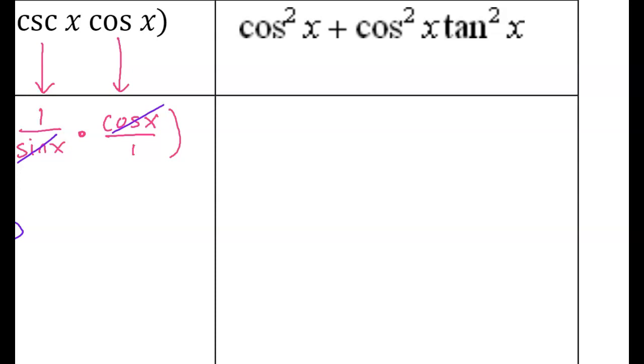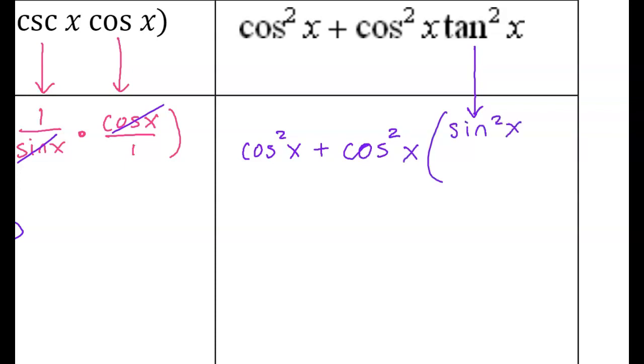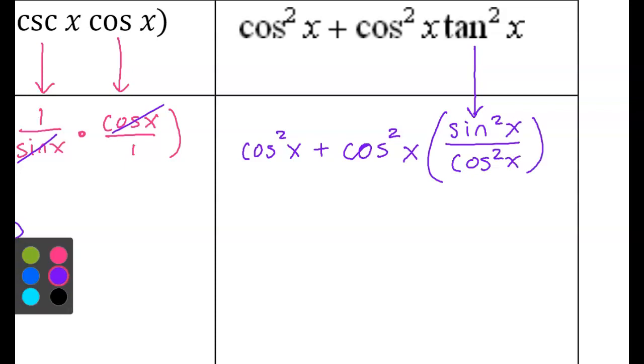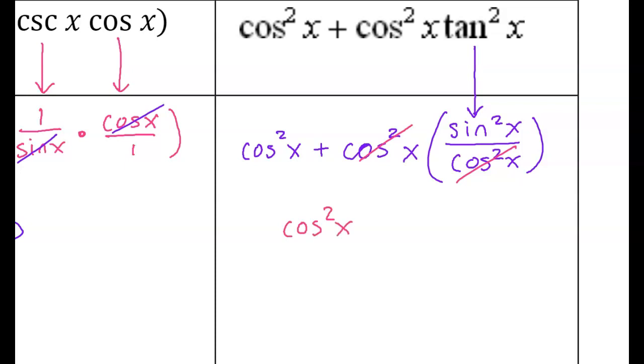So what you can do is take tangent, let's rewrite the first part, and write it as sine squared of x over cosine squared of x. So here we notice we have a like term between the numerator and the denominator. They cancel. So this is cosine squared of x plus sine squared of x.